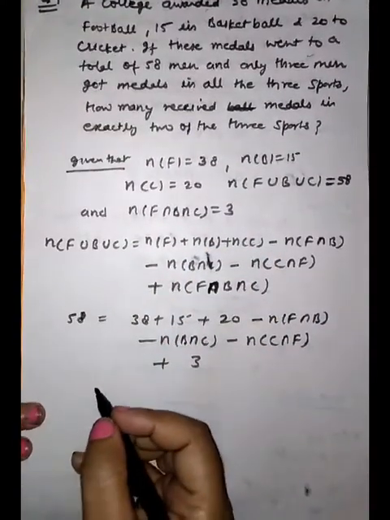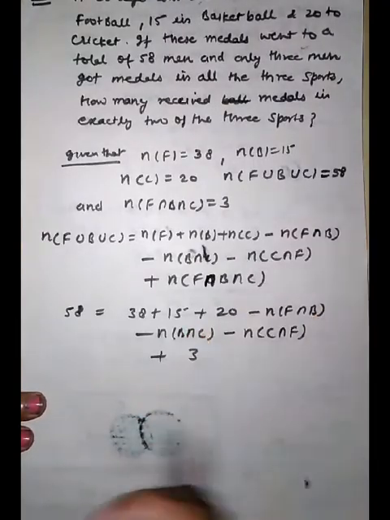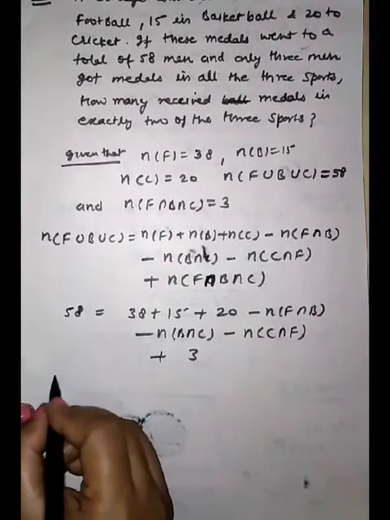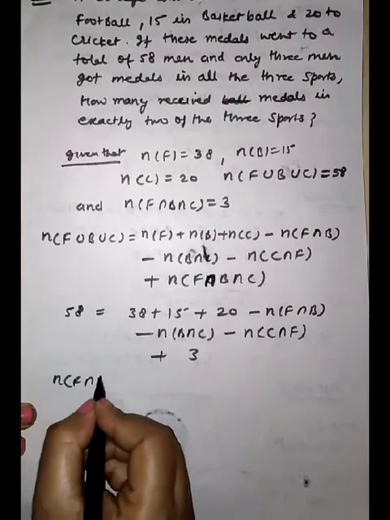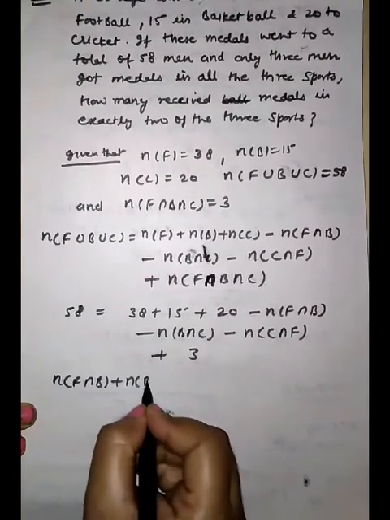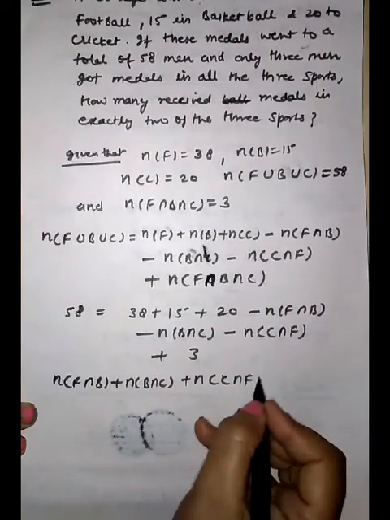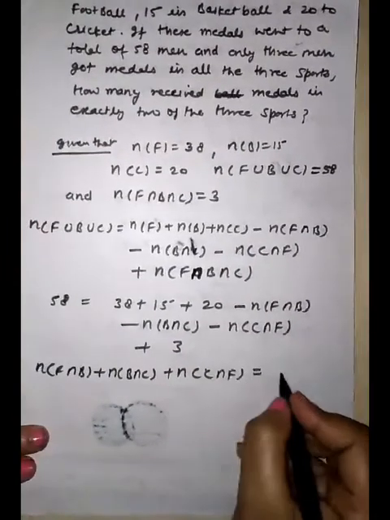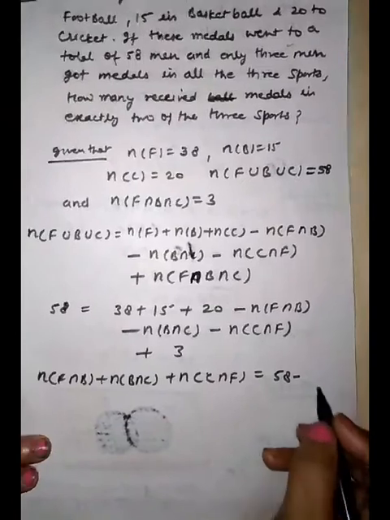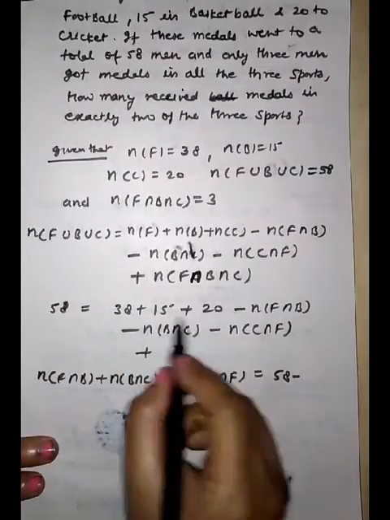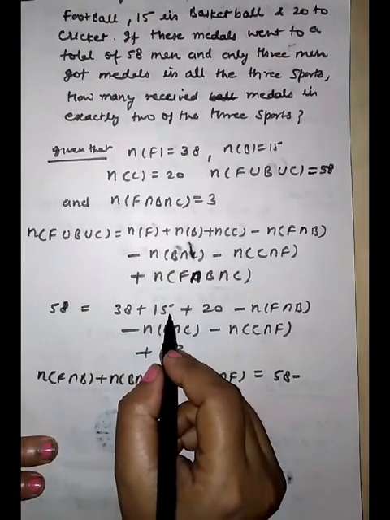So you can find these values. n(F intersection B) plus n(B intersection C) plus n(C intersection F) is equal to the rest.